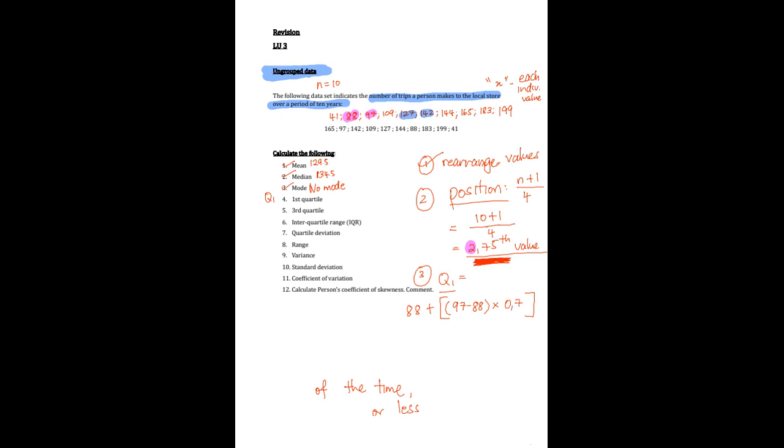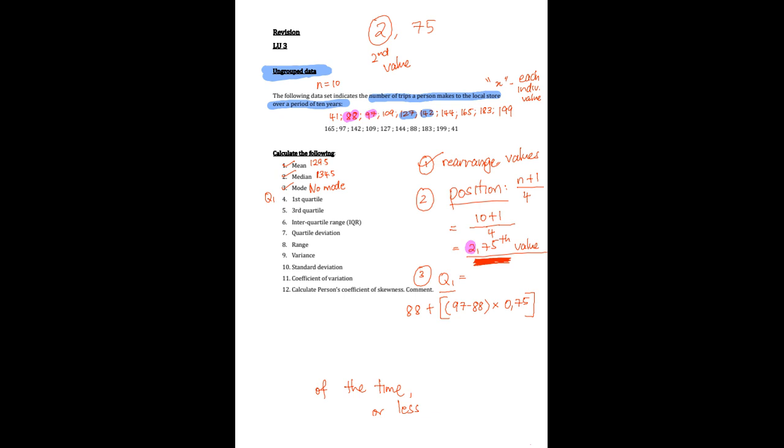So I'm going to say that one again, just in case you got confused anywhere, or you just needed one more round of it to be clear. So from the position of 2.75, I'll write that down at the top again. 2.75 is your position. The 2 says to you, go to the second value in your data set. So the second value, as we said, was the 88. So I'm just going to write it here again.